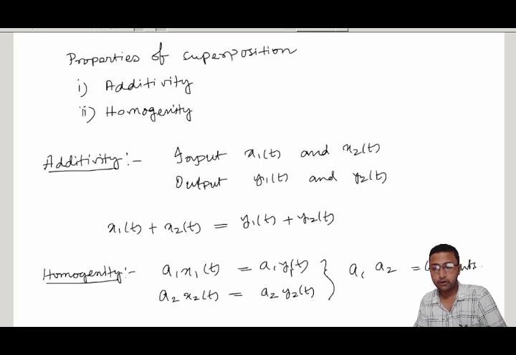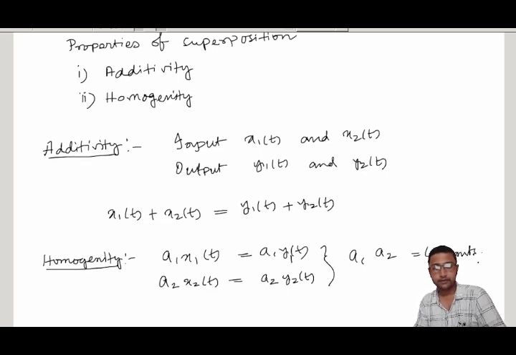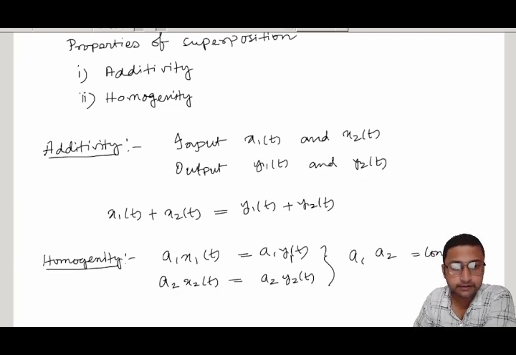So if we combine these two properties, that means when a system is said to be linear, it combines these two properties of superposition.